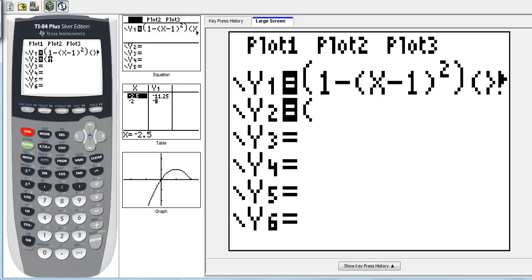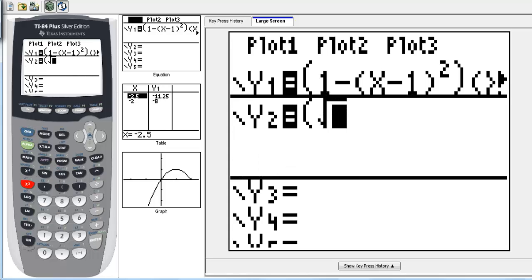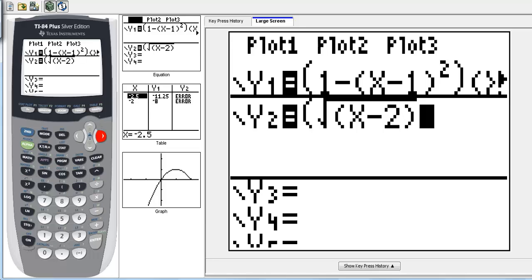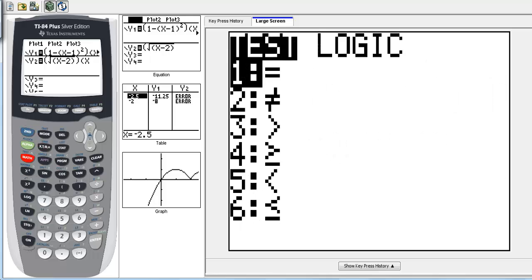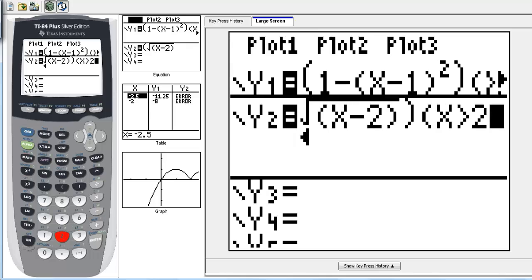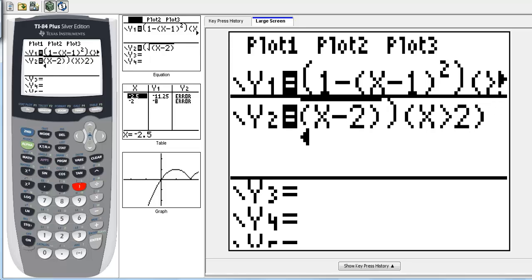parentheses, square root of x minus 2, and then we want to put that whole square root in parentheses, and then we open our parentheses and we're going to type x and then greater than 2, so that goes second function, math, number 3 is greater than 2, and close parentheses.